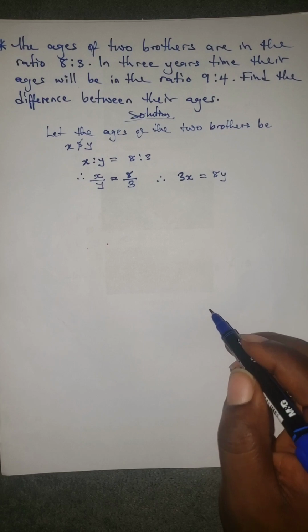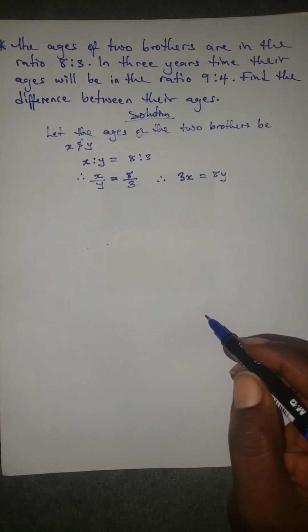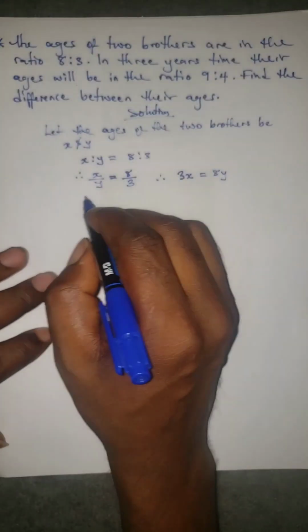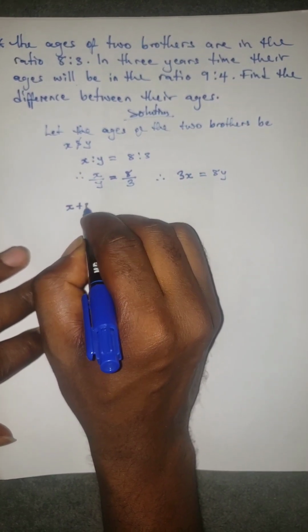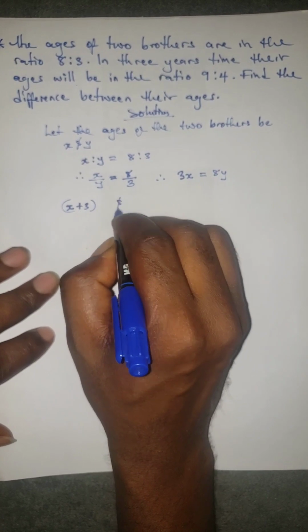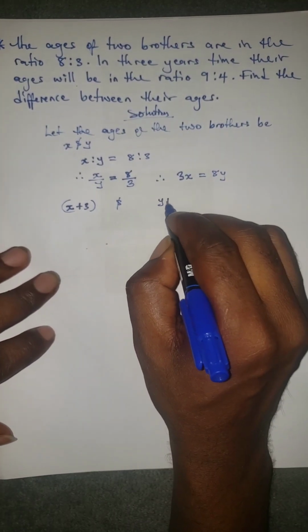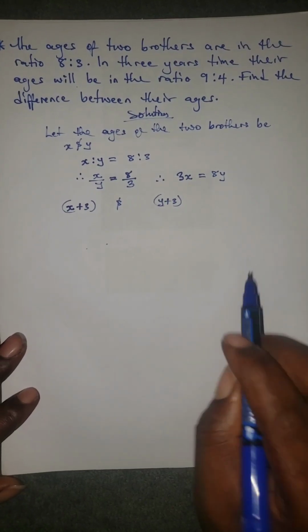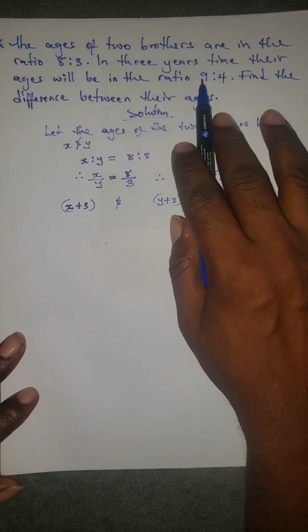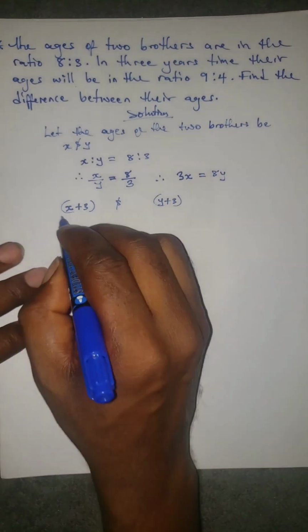So we now come to the second sentence. They say in 3 years' time. 3 years' time means that the first person will be x plus 3, and the second person will be y plus 3, because both of them will add 3 years. Now the ratio of their ages is 9:4.